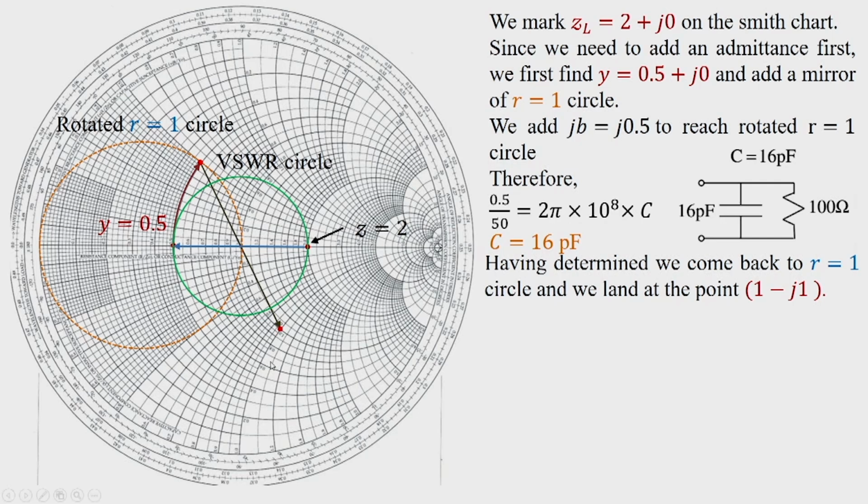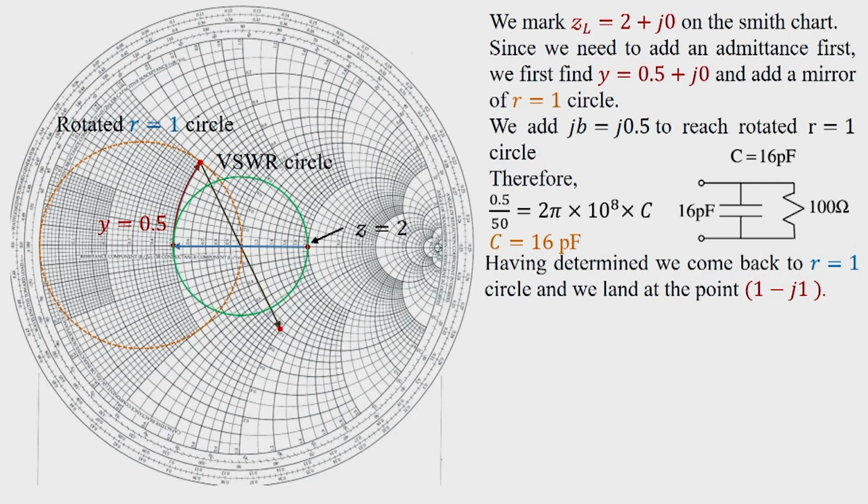Now, we read the value of the normalized impedance here. At this point, we have the value of the normalized impedance to be 1 minus j1.